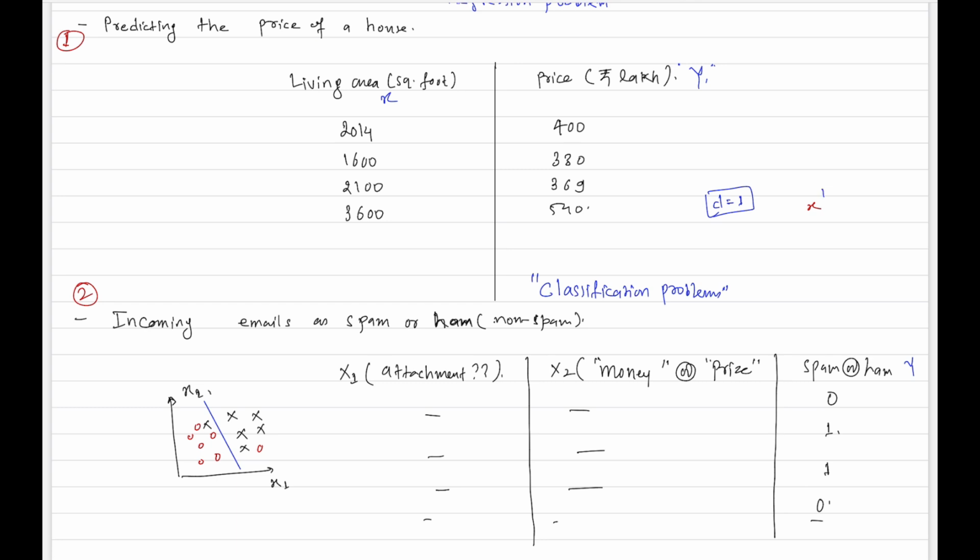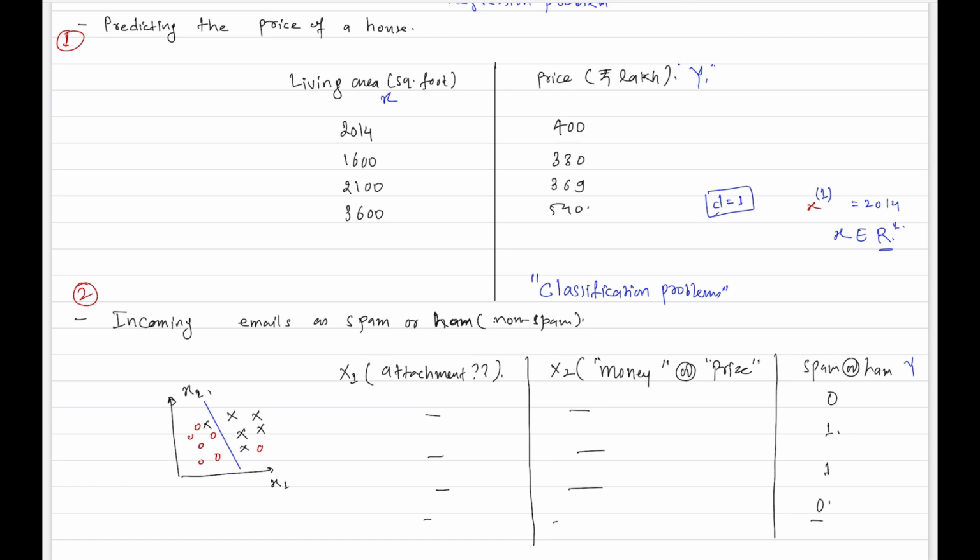So this one denotes the first example, right? And x denotes the input, so that will be 2014, right? And this input vector for this particular example belongs to some real number, right? Because here the dimension is 1, so R to the power 1, right?